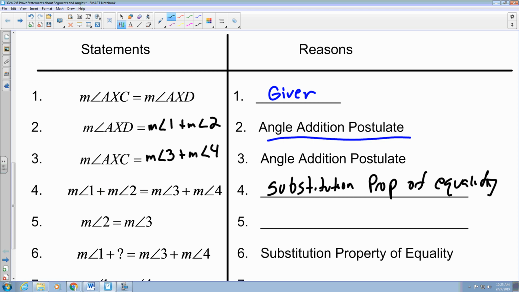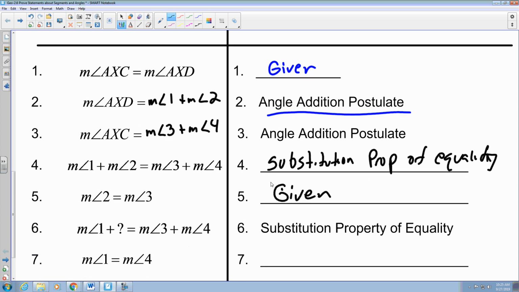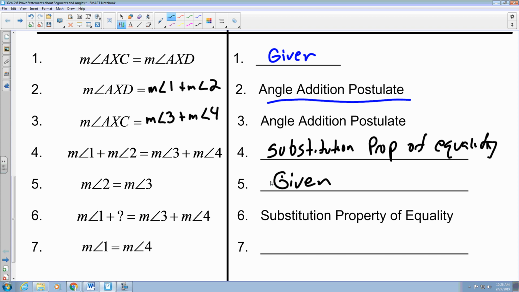Next statement here is the measurement of angle 2 is the same as the measurement of angle 3. That was given to us, so that's a given. Sometimes given statements are not always written on the top, but in this case, this will help us out. So now here we have measurement angle 1 plus question mark is equal to the measurement of angle 3 plus the measurement of angle 3, and they're telling us that it's substitution.